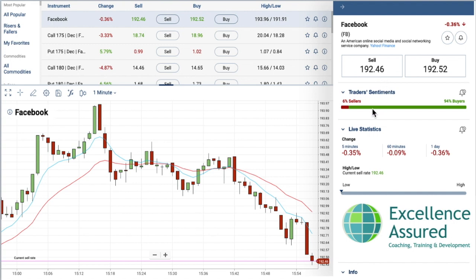And for a stock like Facebook, where a decent move would be $1, 6 cents is a reasonable commission, if you like, to pay. There are no other fees in this type of CFD, and if you're in the UK and you're trading CFDs and you make a profit in a spread betting account, then it's tax-free profit.